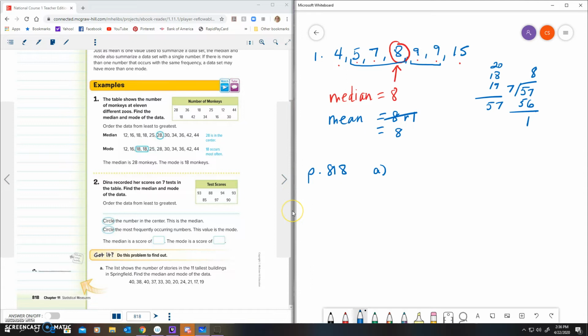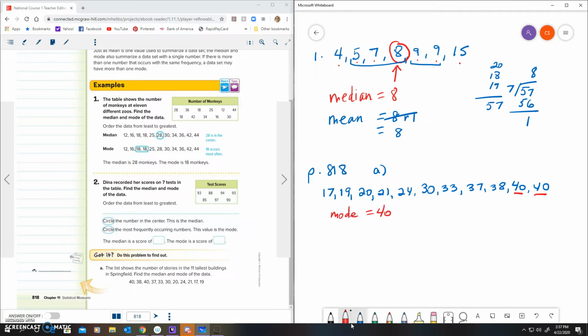So the order is going to be 17, 19, 20, 21, 24, 30, 33, 37, 38, 40, and 40. Okay, so just find the median and the mode. Well, the mode is the simplest one to find because we can look and see that we have 40 repeated. So our mode is 40.